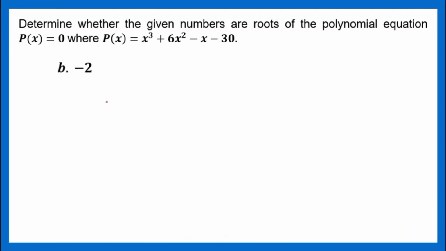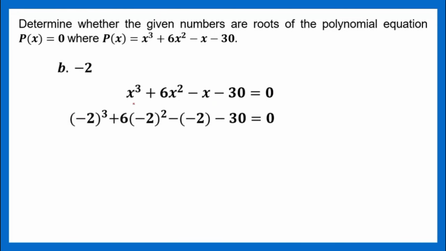Alright. So, ito. Exciting ito kasi negative na yung magiging base natin. So, same thing, atong polynomial function, yung x cubed plus 6x squared minus x minus 30, equate mo siya sa 0. Tapos, whatever, lahat ng x na makita mo, gawin mong negative 2. Ayan, that's why we have this. And make sure naka-parenthesis lahat.